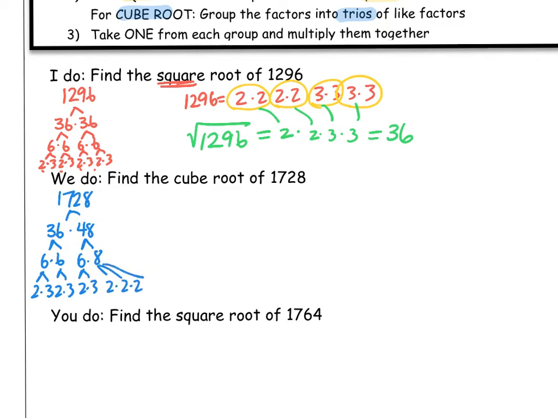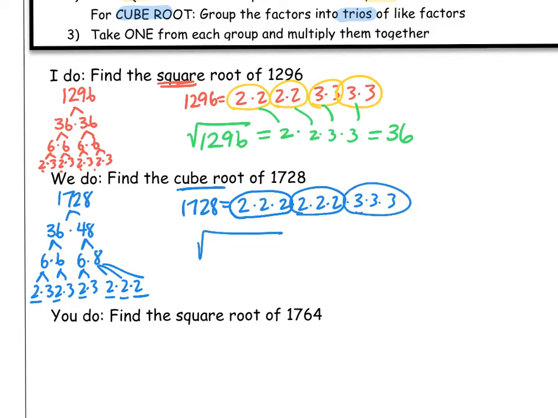If I write out my factors, I have 6 twos, and then I have 3 threes. And since this is a cube root, I'm going to make trios. So I need 3 of them.